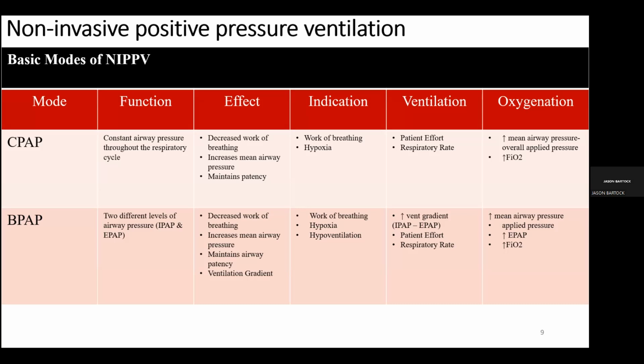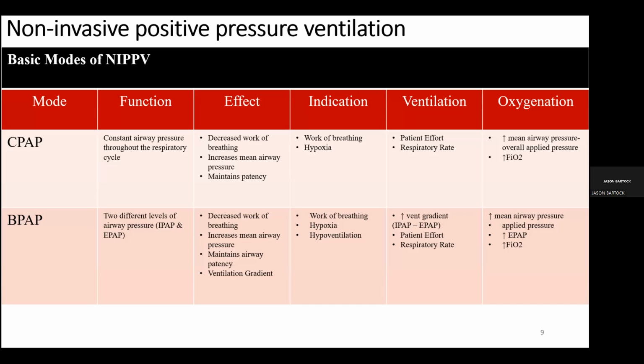So it can force interstitial edema back into where it belongs. That higher mean airway pressure allows for alveolar recruitment. One of the biggest effects of generating mean airway pressure is providing additional alveolar recruitment, which would be important in something like pneumonia or CHF, while allowing additional diffusion capacity to provide better oxygenation.